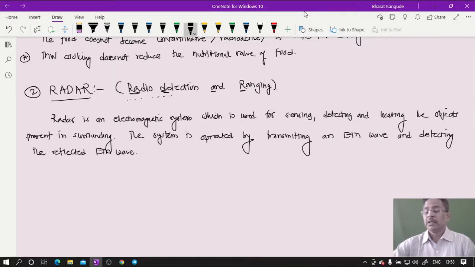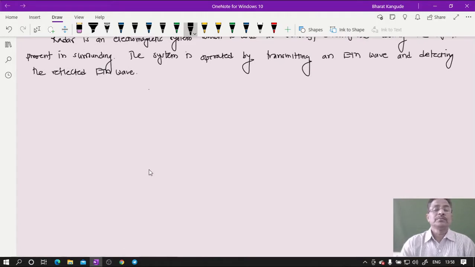We also know that radars were invented during the Second World War.